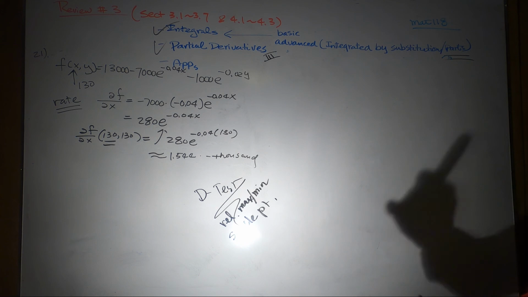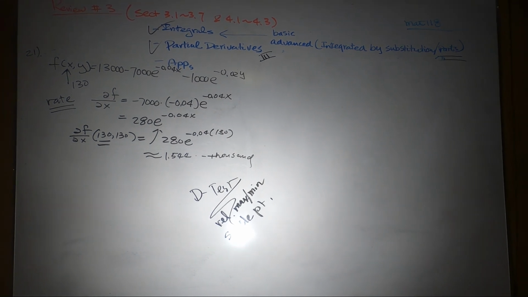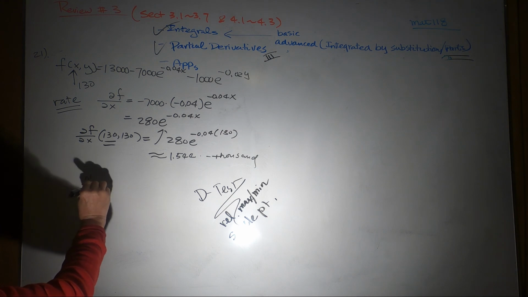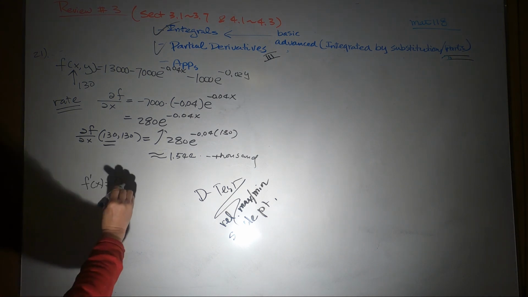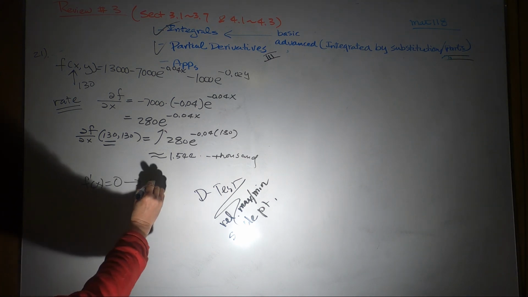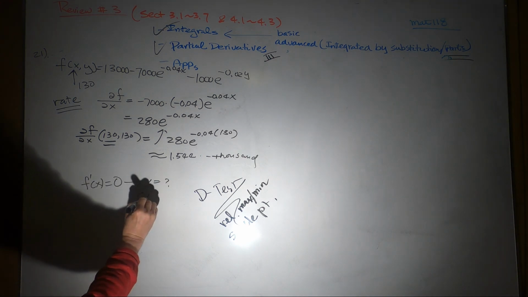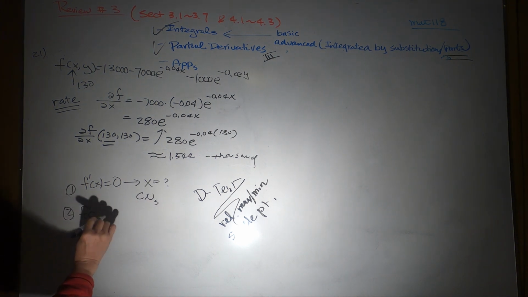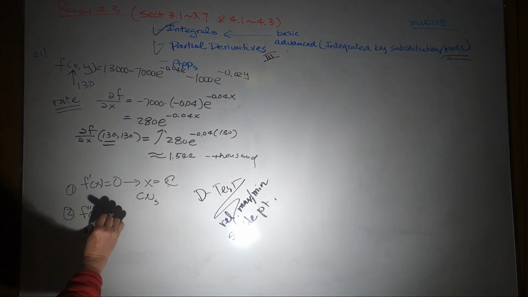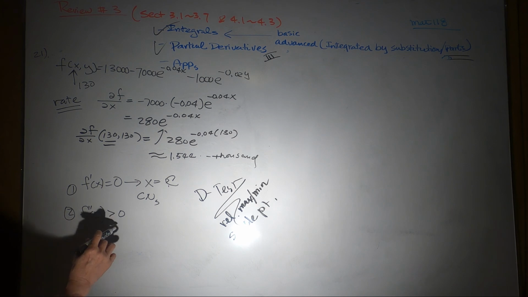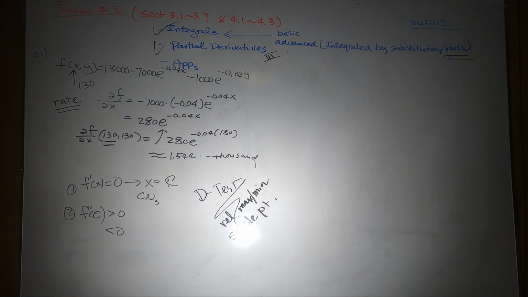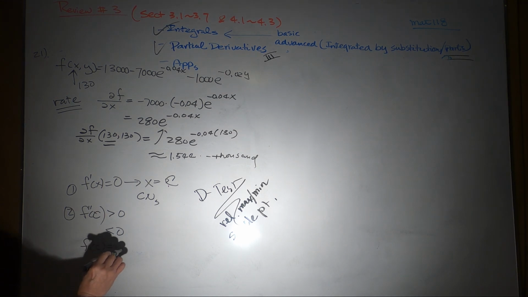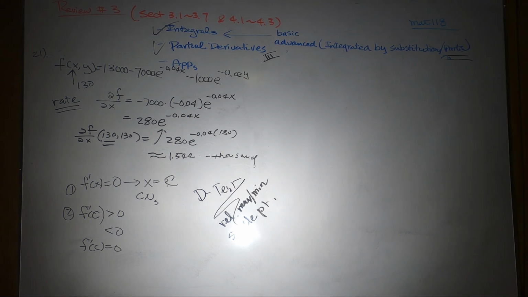First, for one variable, we use f prime of x. Find the first derivative, set it equal to 0, then find the x value for your critical numbers. Then the second step is to use f double prime for this number. If it's bigger than 0, you have a relative minimum; less than 0, you have a maximum. If it is 0, that is inconclusive. But you use this to find the critical number.